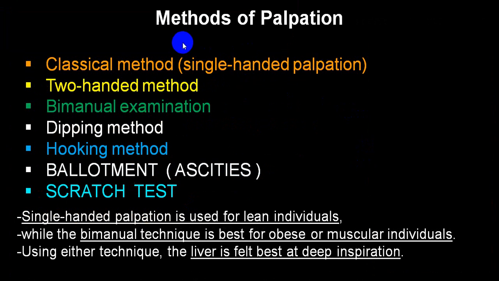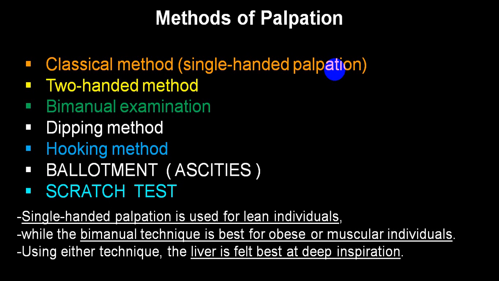By and large, it is a single-handed method. So you use mainly the right hand, and while doing a palpation, you have to move the hand at the wrist and the fingertips at the metacarpophalangeal joints. In superficial palpation, we don't move at the metacarpophalangeal joints at all.